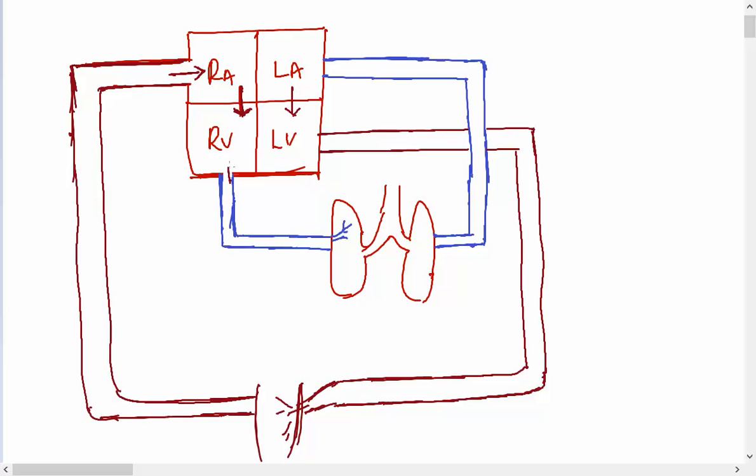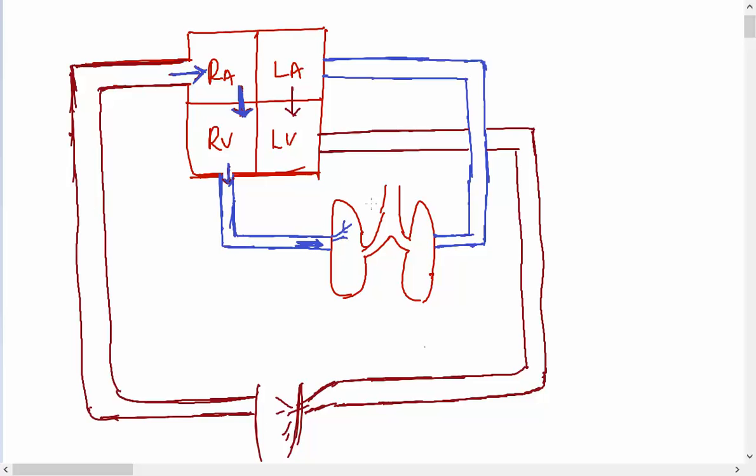From the right ventricle it enters the pulmonary artery. So this all has deoxygenated blood. Then it goes to the lungs.